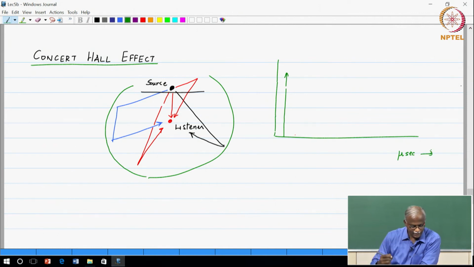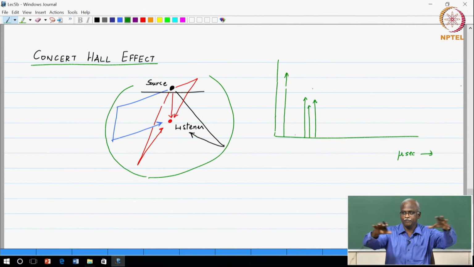There are several other copies of the signal, and what makes a concert hall acoustically excellent is that there are certain copies that come because of what are called early reflections, which come from nearby, from where the sound source is. These echoes are referred to as such.